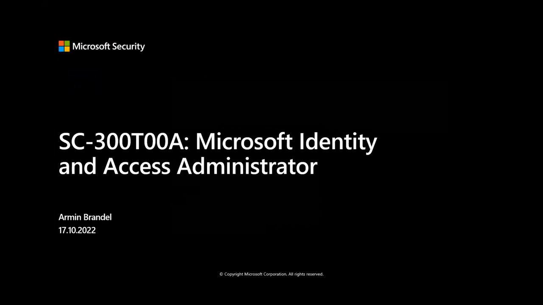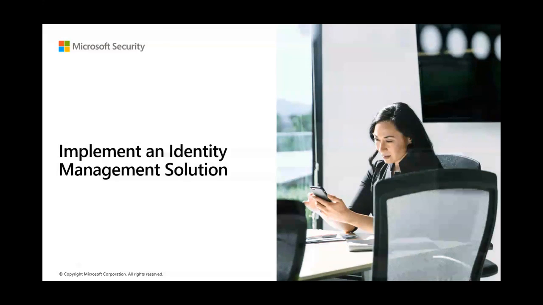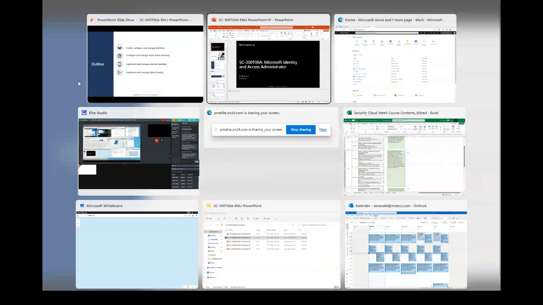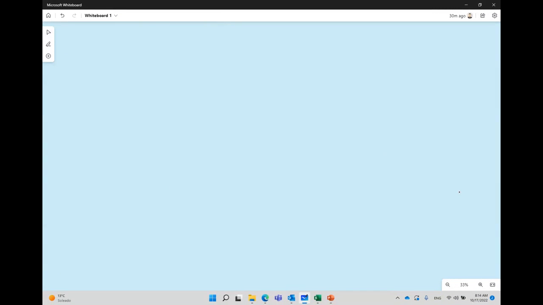So we are going to start our course with the first module, Microsoft Identity and Access Administrator. Actually, before starting that, let's take a look at what identity and access actually are. This course is about identity and access management.